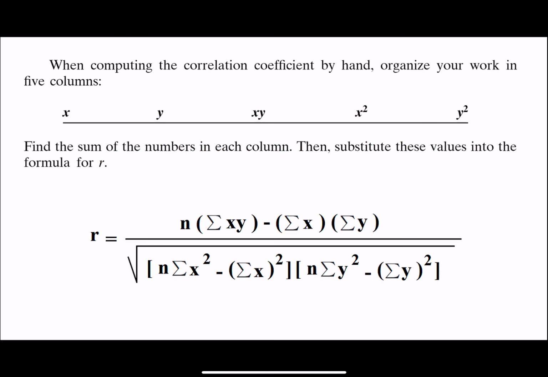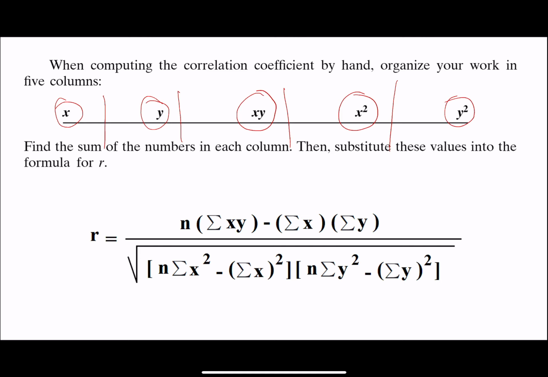Guys, my suggestion is that whenever you want to find the correlation coefficient, create a table with these columns. One column for x, one column for y, okay, x and y are your variables. One column for x times y, one column for x squared, and one column for y squared. Always, always. That's my suggestion.